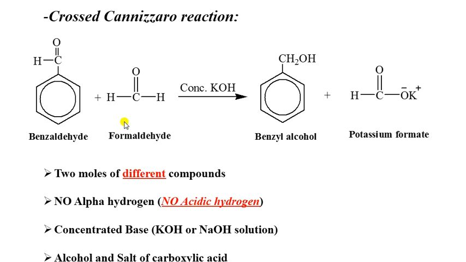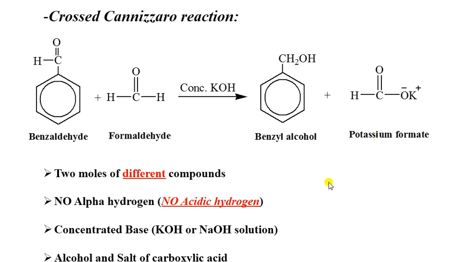So this reaction is called the crossed Cannizzaro reaction, or mixed Cannizzaro reaction, by using 2 moles of different aldehydes without alpha hydrogen in the presence of concentrated base, which will give alcohol and the potassium or sodium formate. For example, benzaldehyde without alpha hydrogen and formaldehyde without alpha hydrogen in concentrated base condition will give benzyl alcohol and potassium formate, so alcohol and salt of carboxylic acid.